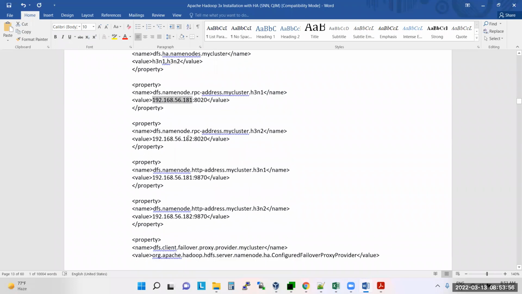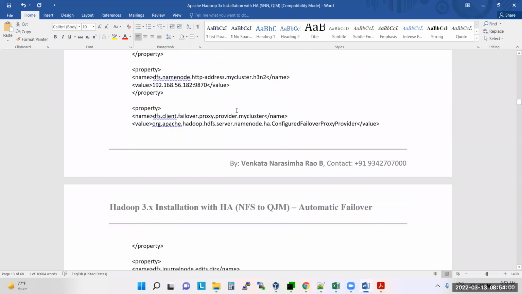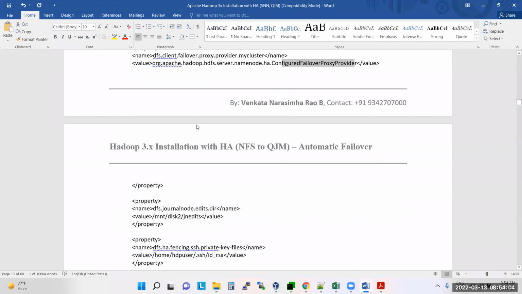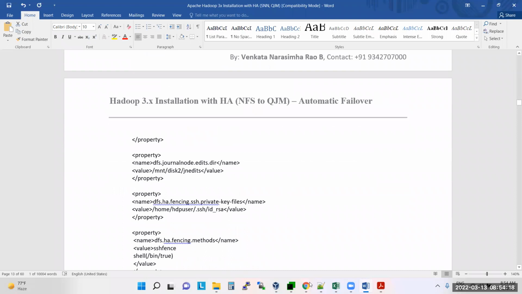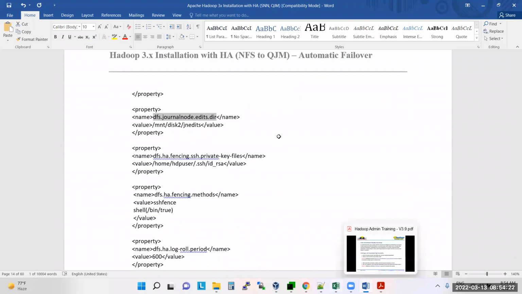Understood. So there is something called failover. How does one name node switch to the other, how is the state of the name node changed from active to standby to active? That will be done by this class. Then we are using journal nodes here.